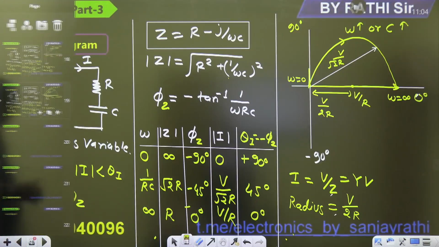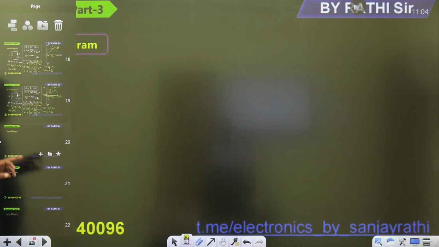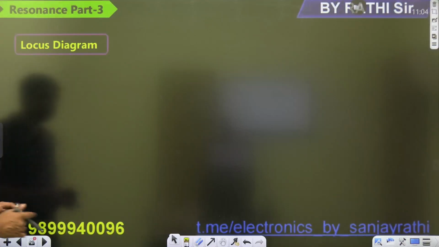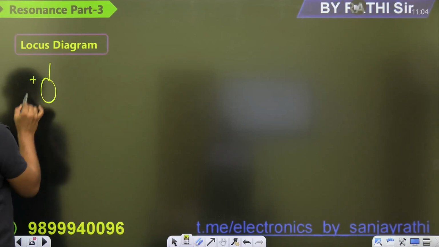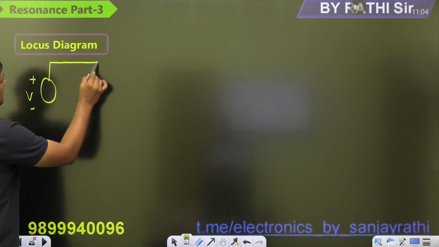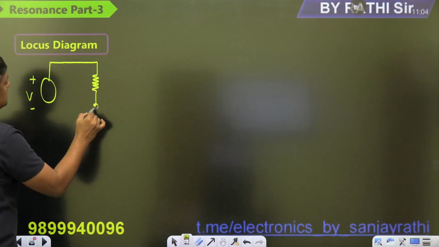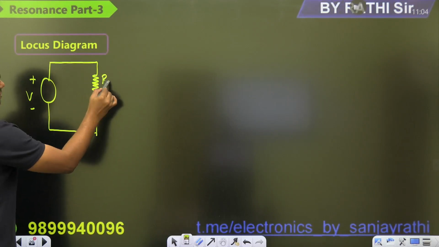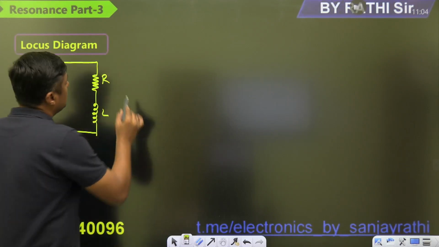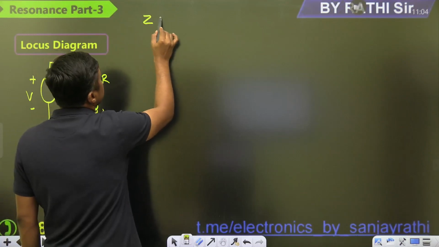Then you can compare. Get the idea about the RL circuit, then you can compare. Now watch the RL circuit. V, this is R, this is L. What is the impedance here?